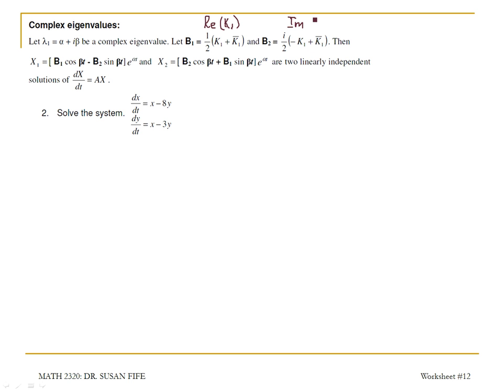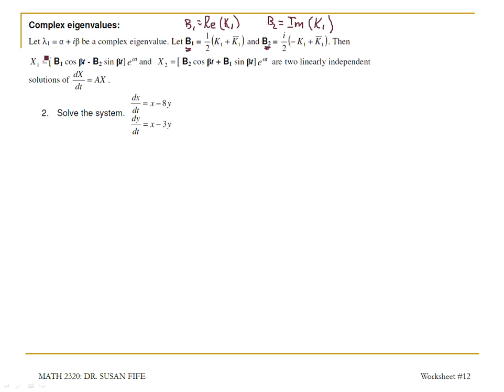It gives you just the imaginary part of that eigenvector. So rather than using these formulas, B1 is 1/2 K1 plus K1 bar, and B2 is i over 2 times negative K1 plus K1 bar, we could just say that B1 is the real part of the eigenvector and B2 is the imaginary part of that eigenvector.